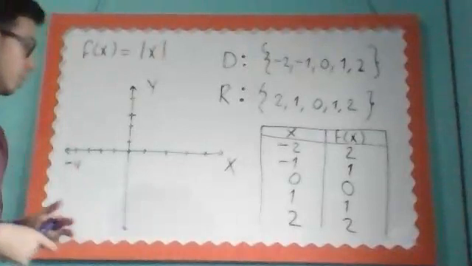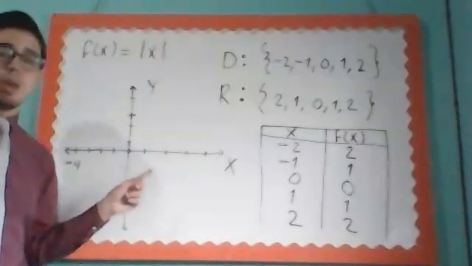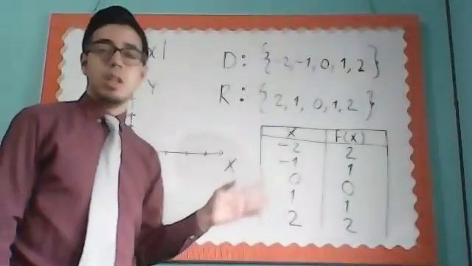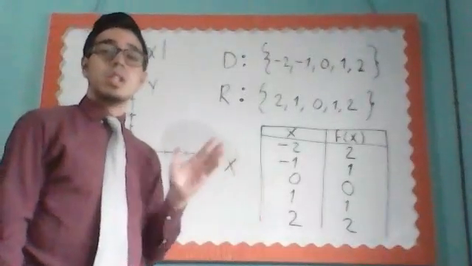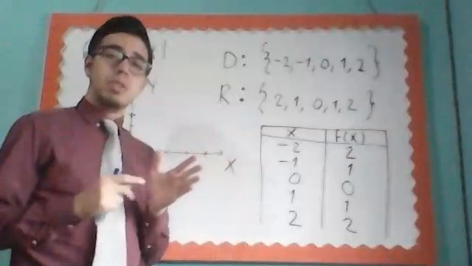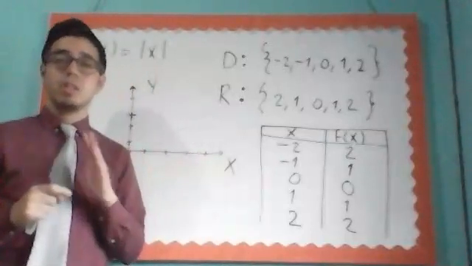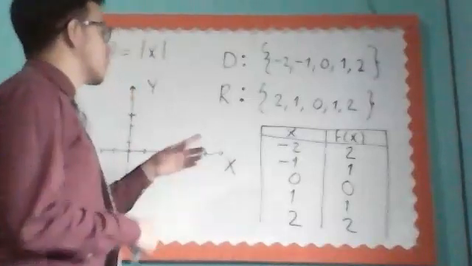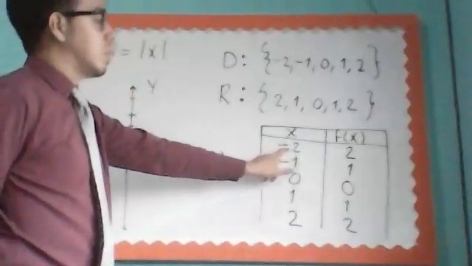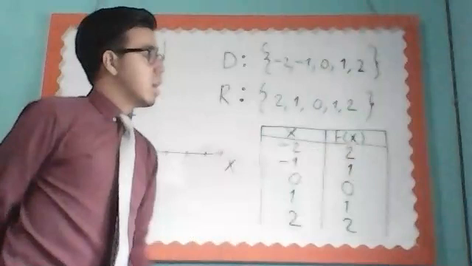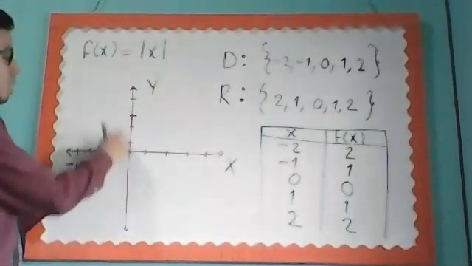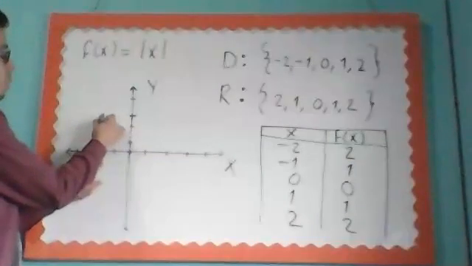Okay, the important part is that I want to show you how to graph in this case. It's the same as in the other functions, but the shape of the function is going to be different. Each graph is going to be different. We start in x with -2 and y is +2.